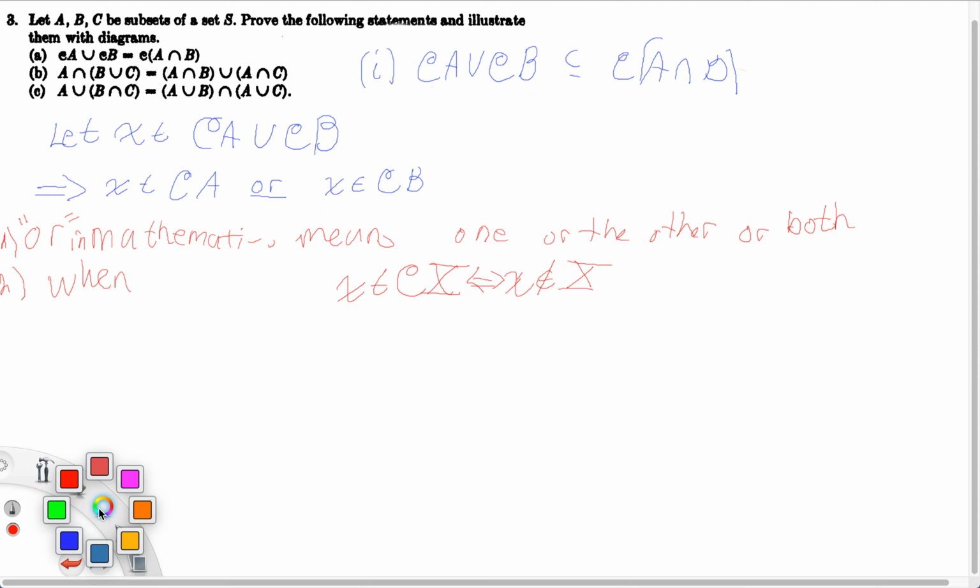So, back to our proof. If x is in the complement of A or x is in the complement of B, then we have case 1.